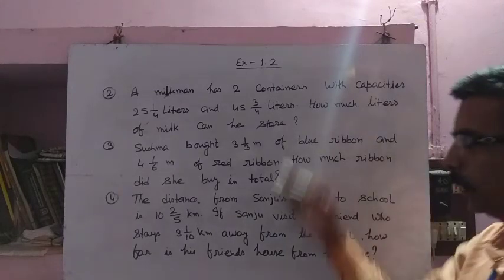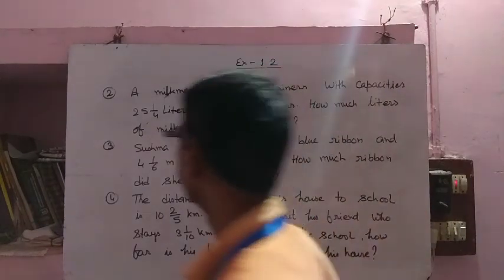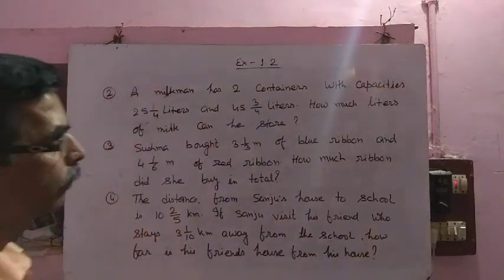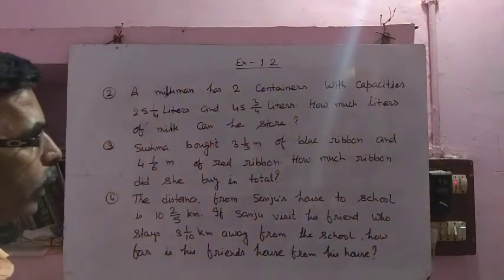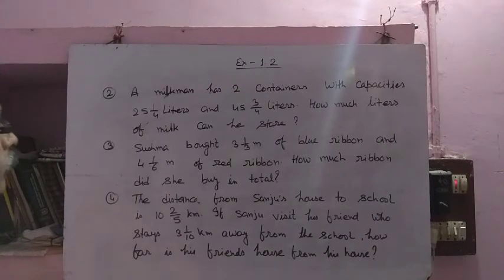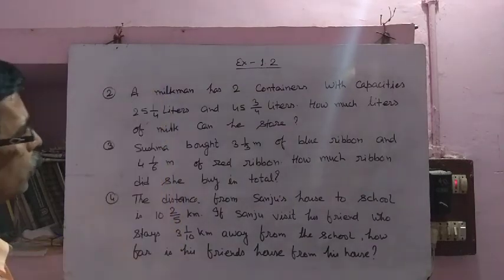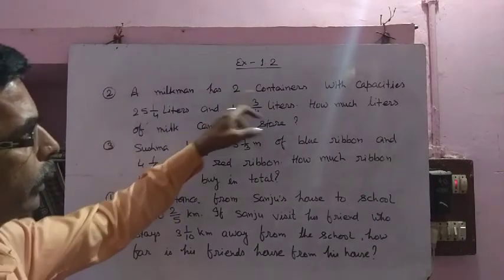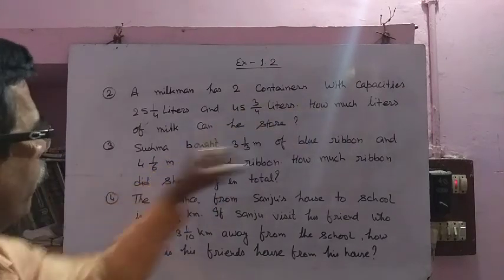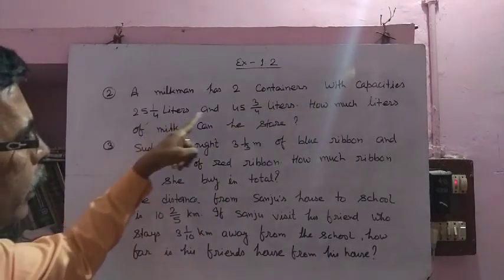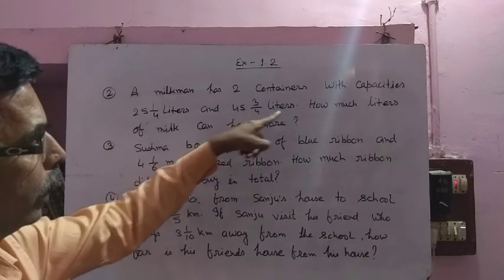Look here, I have given 3 questions for you as homework. Solve that. If there is any problem, you can ask me. Okay. All are based on addition. A milkman has 2 containers with capacity of 25 1 by 4 liters and 45 3 by 4 liters.